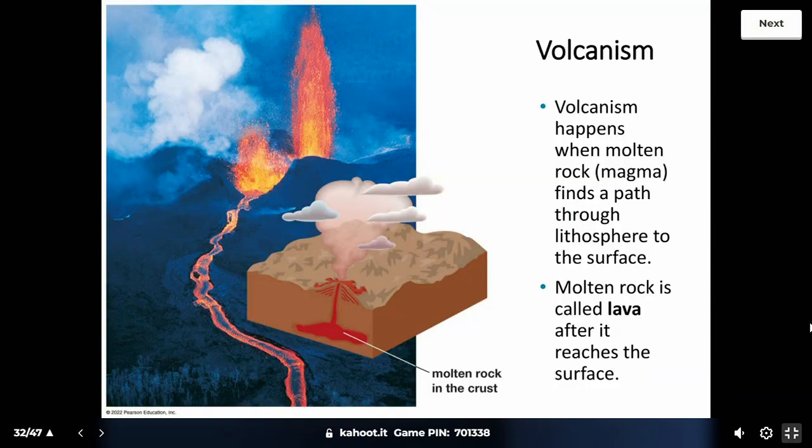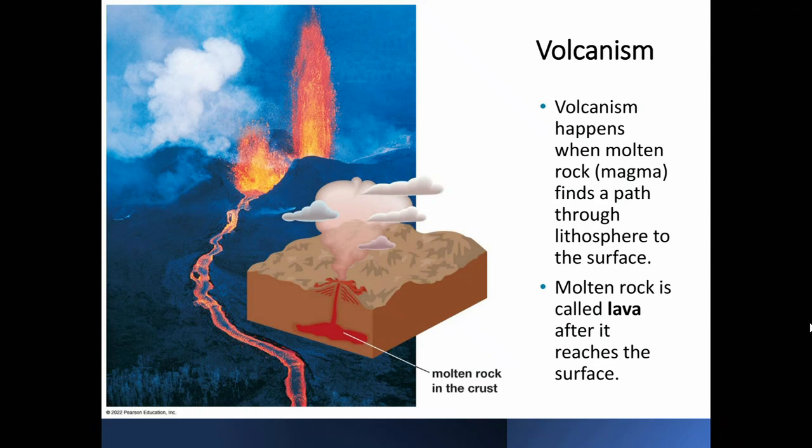So there are lots of different types of volcanoes. We won't get into all of those today, but in order for a volcano to exist, you need to have some kind of molten rock underneath of the surface, and then through some process, the crust will be thin enough that that molten rock can travel to the surface.